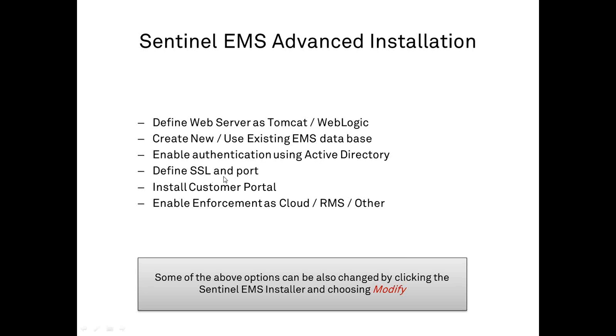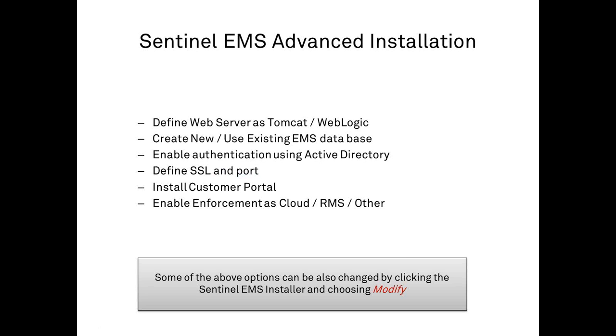The next thing is to change the defaults, because we said the Express installation by default installs on port 8080 with no SSL. But you can choose to add SSL in order to allow HTTPS, which is a more secure way for communication. Or maybe you want to change the port number, not 8080, or not 8443 for SSL.